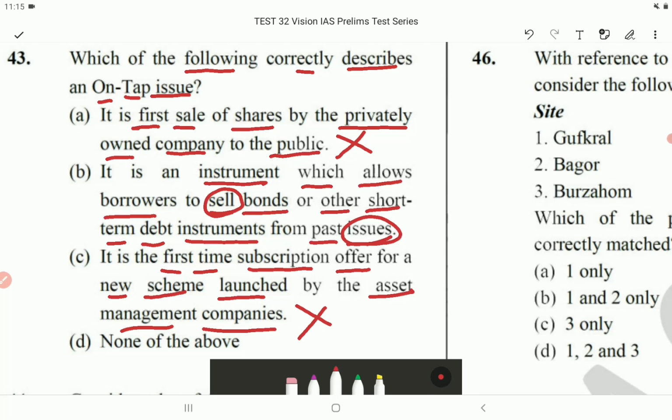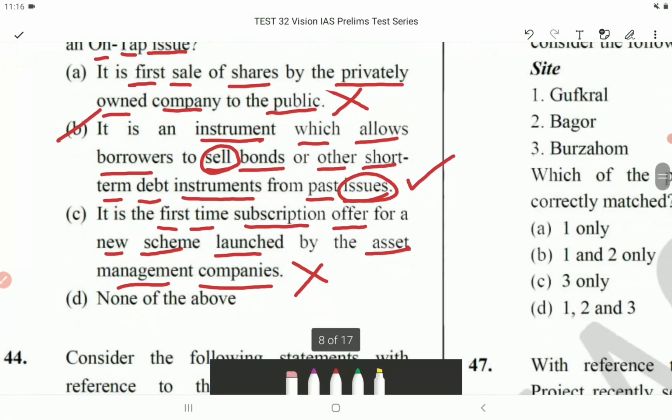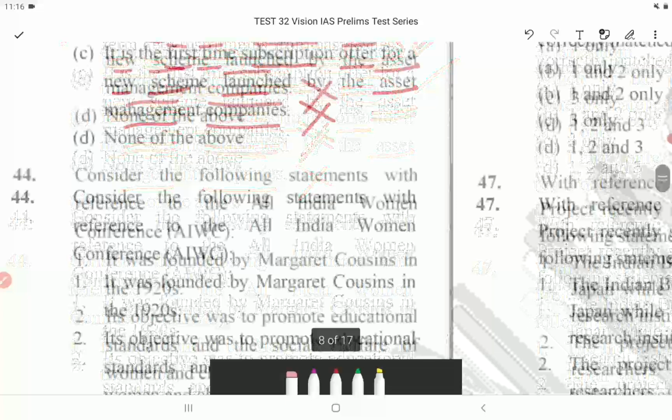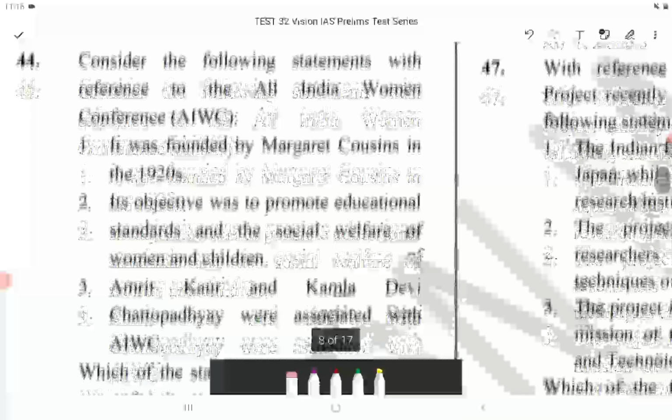So it is a reissue. So option B, this is correct. Option B is the correct answer. Now let's come to next question. That is question number 44.